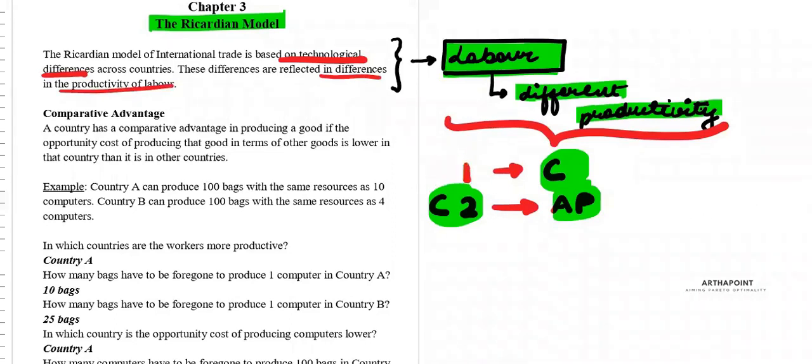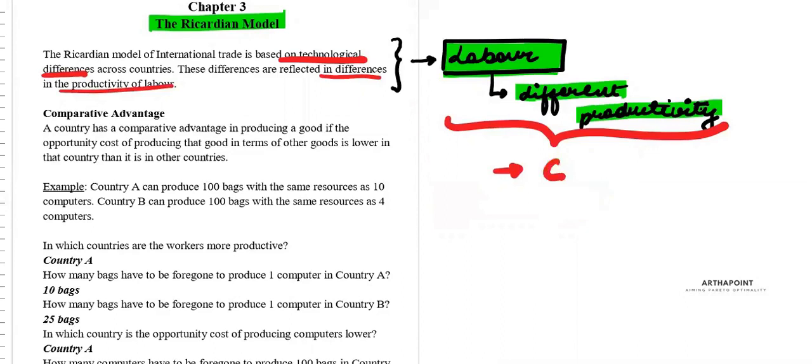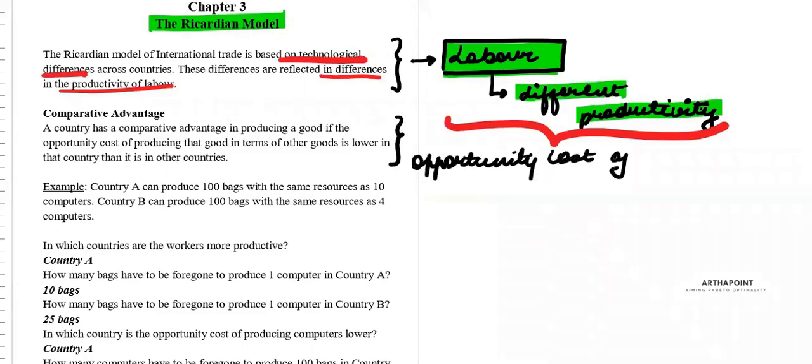Now we introduce one term, and this term is known as comparative advantage. What is comparative advantage? Comparative advantage basically works on something which is known as the opportunity cost of production.